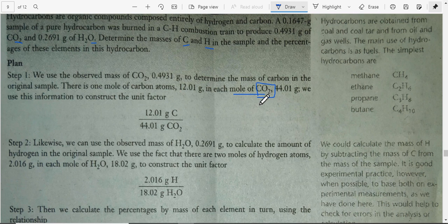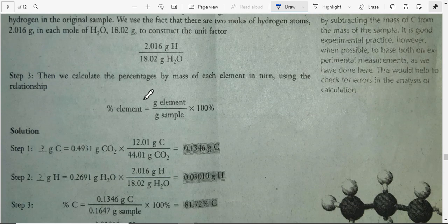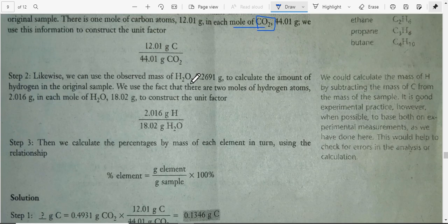It is the same procedure for getting your hydrogen. For hydrogen, that is 2.016.